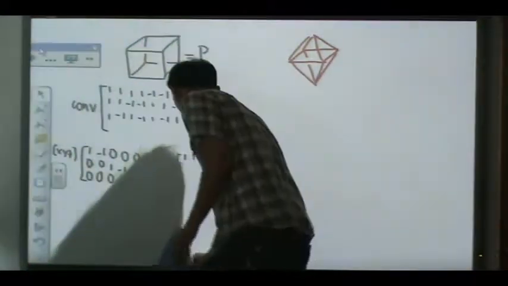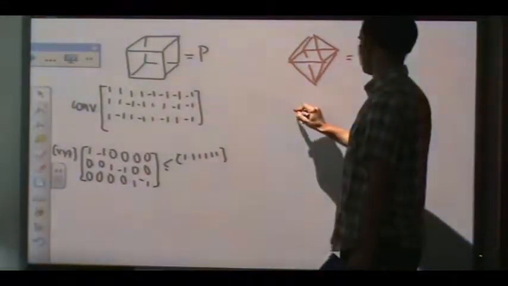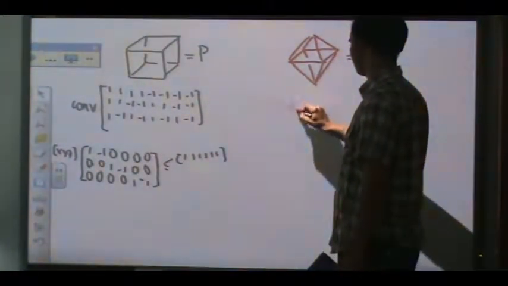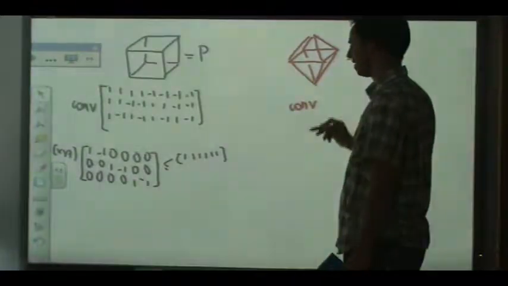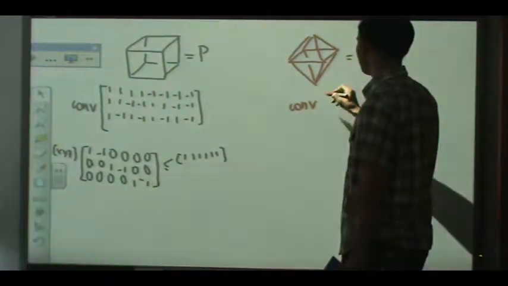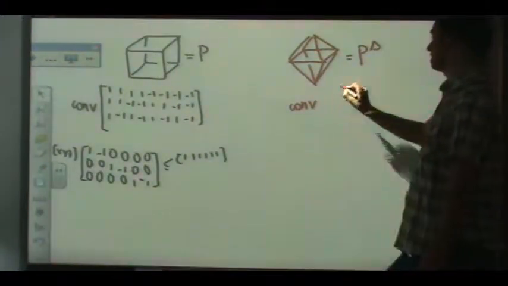And now what is this one? This is B dual. So what is this? This is the convex hull of the rows here.